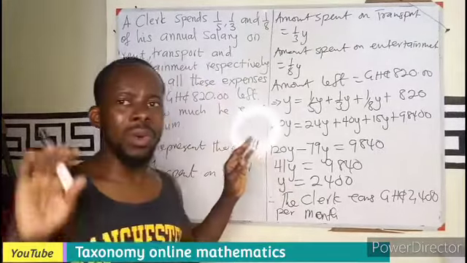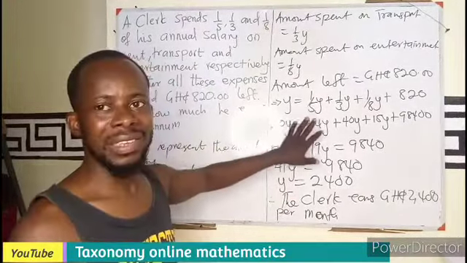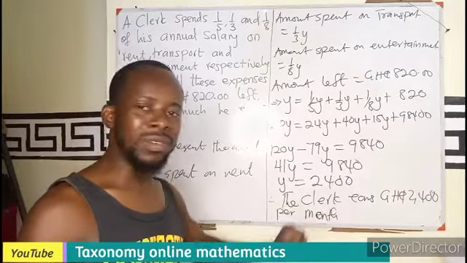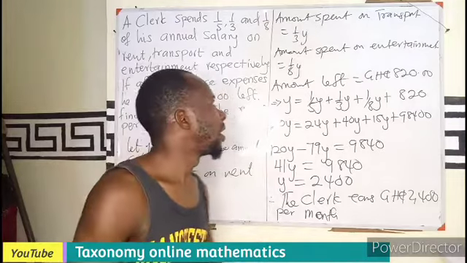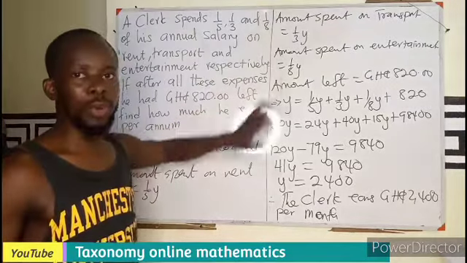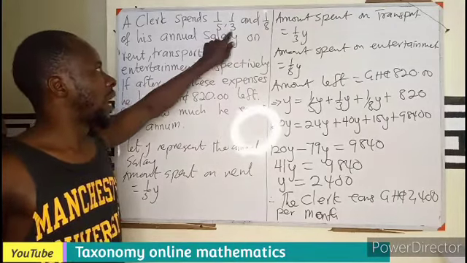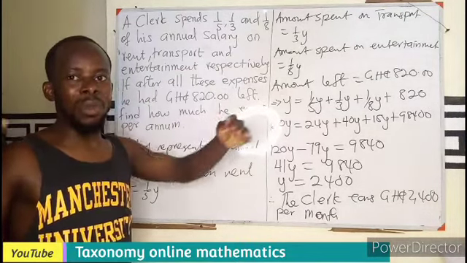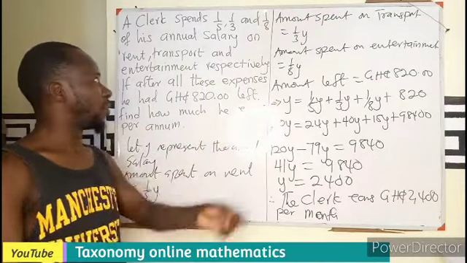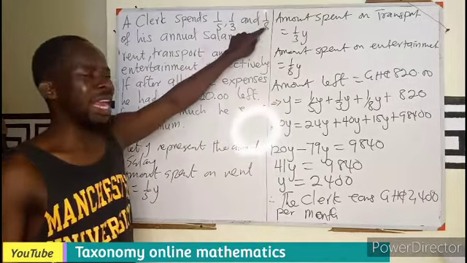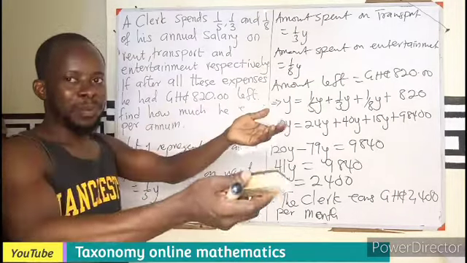But this is not the only method through which we can get this answer, 2,400. We can also use the total fraction approach. That is, we are going to find the total of this as the amount of fraction spent. What is the total fraction spent? Because if I add this and this and this together, it will tell me how much money has been spent.